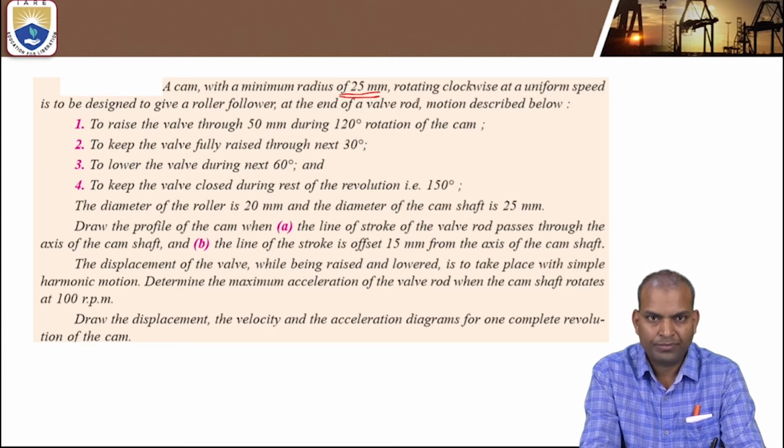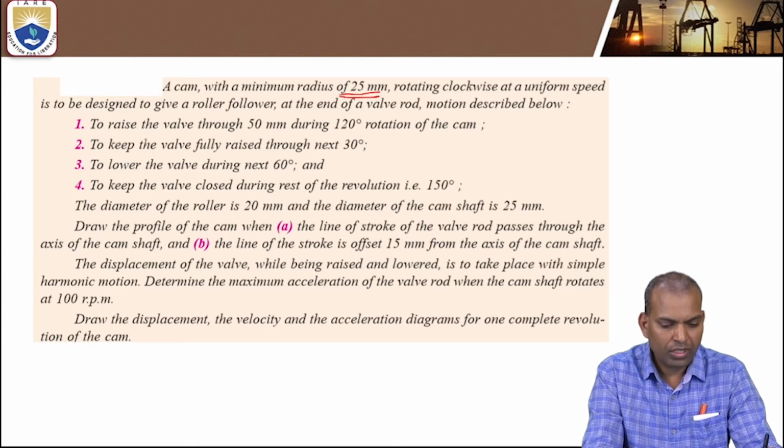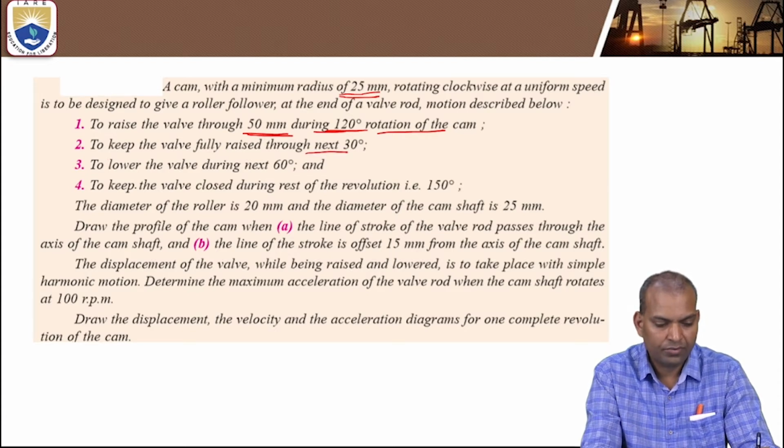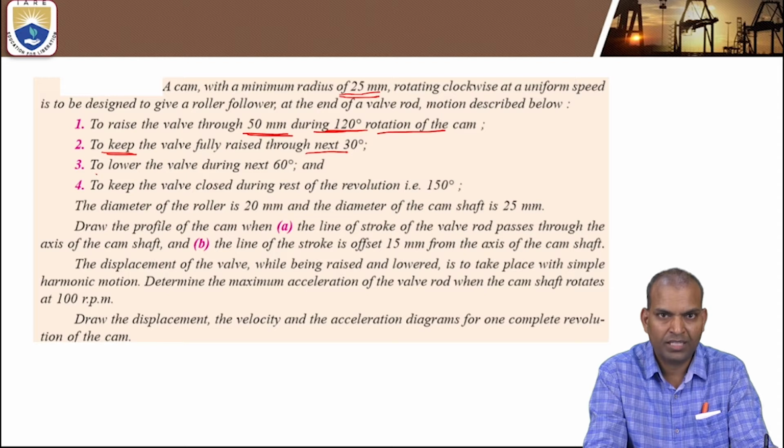Of the rotating cam. To raise the valve through 50 mm during 120 degrees of rotation of the cam, and to keep the valve fully raised through the next 30 degrees, that means keeping the valve raised, the word is dwelling. Let me read first, then I'll explain it.